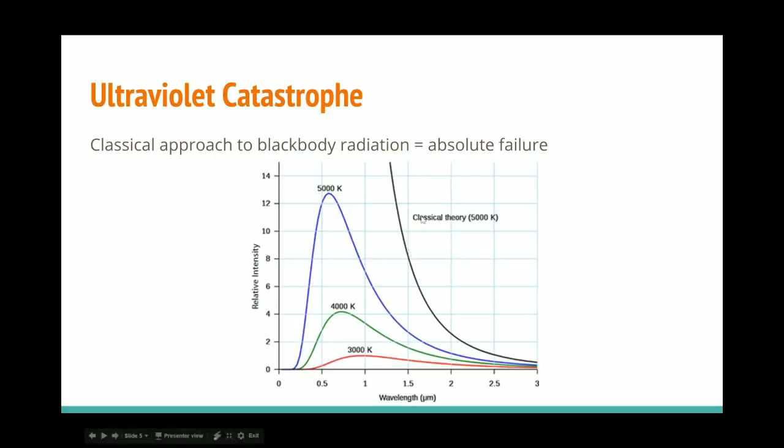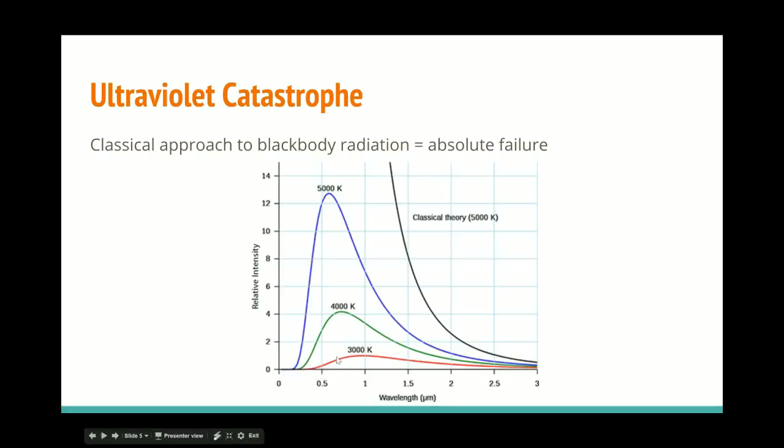Down here you see a graph that has wavelength of light on the x-axis, and intensity on the y-axis. And then you have 4 lines. The red line shows the light emitted by an object at 3,000 Kelvin. You see down at the very low wavelengths, there's like no light.